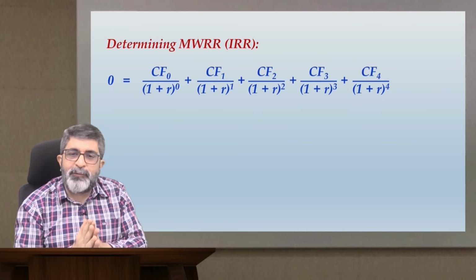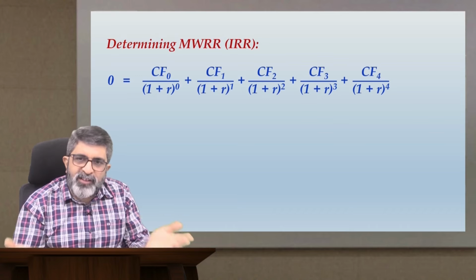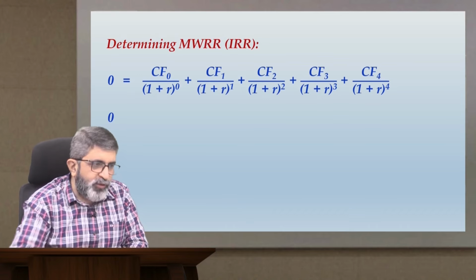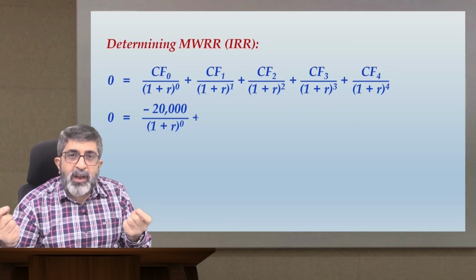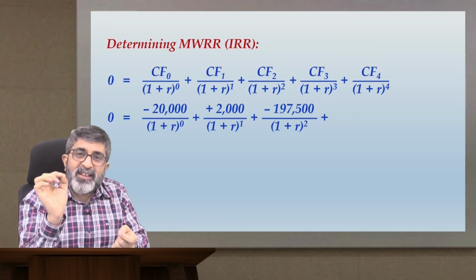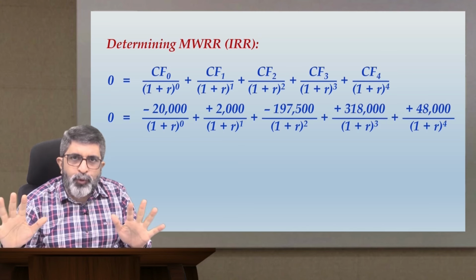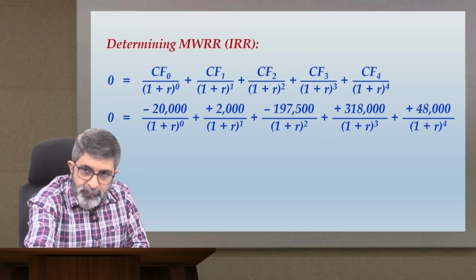That is why in the left side of the equation we have placed a 0. Let us now substitute all the cash flows. What we just need to determine is that small r in this equation that resembles IRR. All cash flows have been plotted.